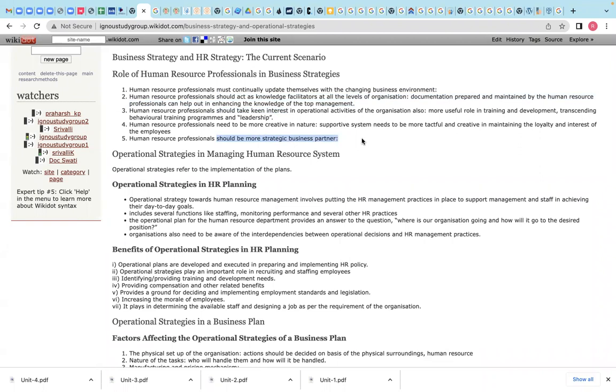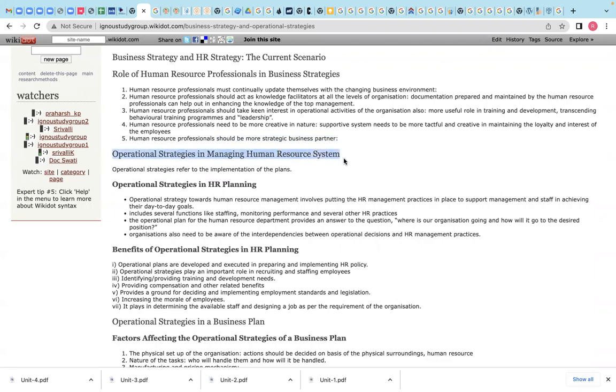You need to start seeing ordinary things in a different way, and should be a more strategic business partner. You need to be a partner while we are trying to execute or define this business strategy. This is the role of an HR professional.